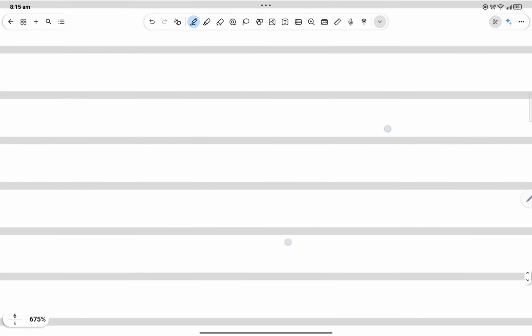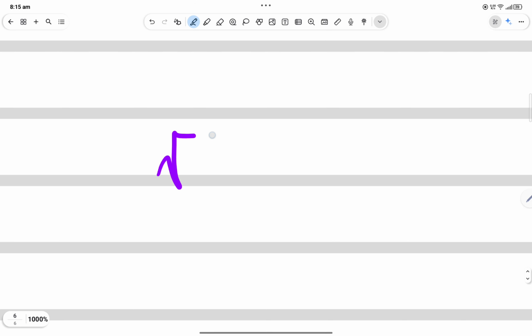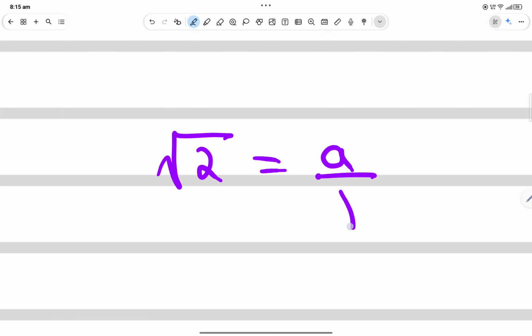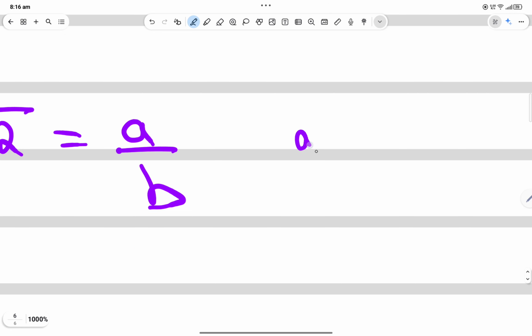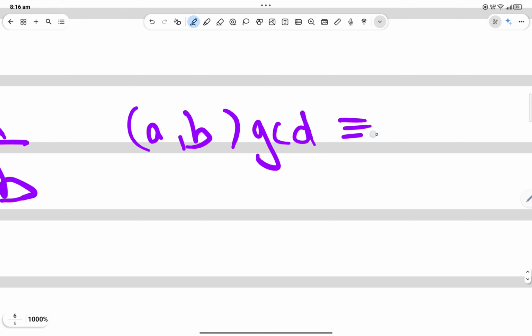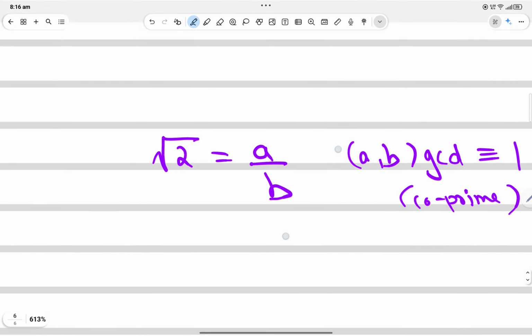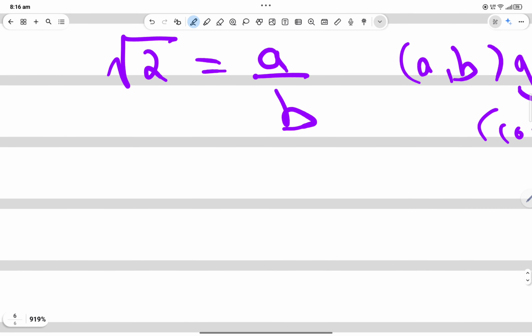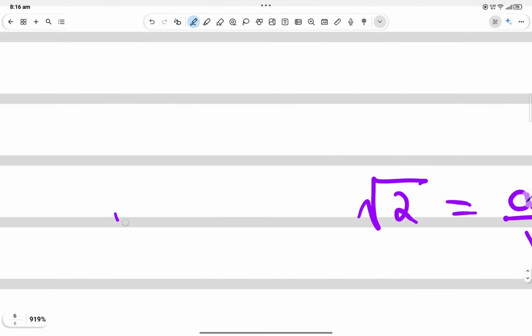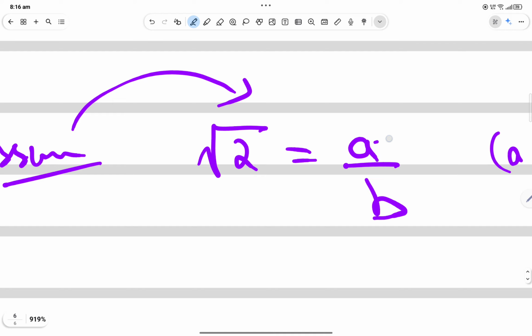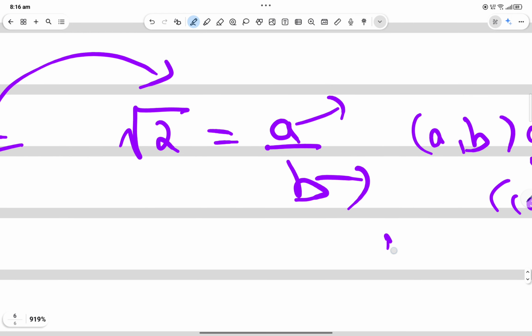Now we're going to study the classical proof of this. We assume that it is a upon b, where a and b have GCD, greatest common divisor, equal to 1, meaning they are co-prime. We assume that it can be rational, so it can be written in that form where a and b are integers and b does not equal 0.